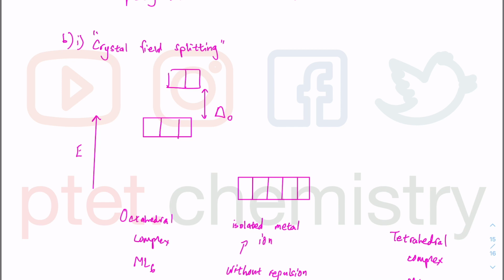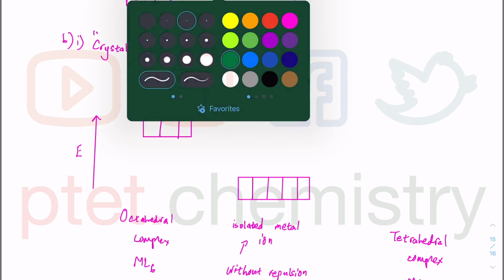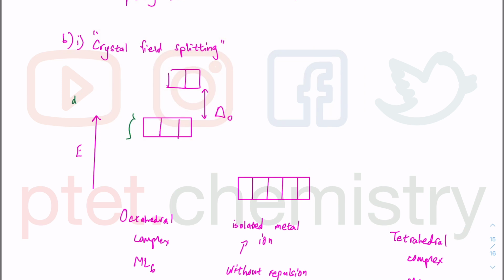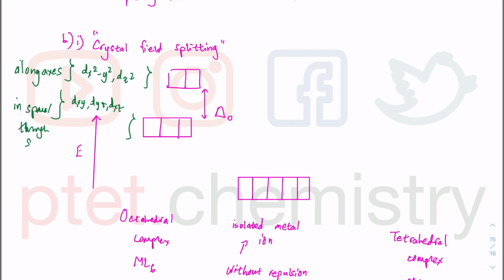This one will repel slightly more compared to these 3, the dxy, dyz, and dxz. Not that it matters that much in A-level chemistry, but the idea is that they repel more because these point along the axis, and the others are in space.